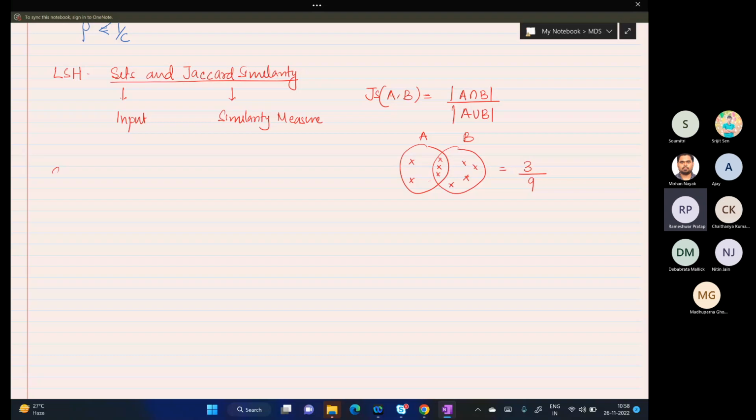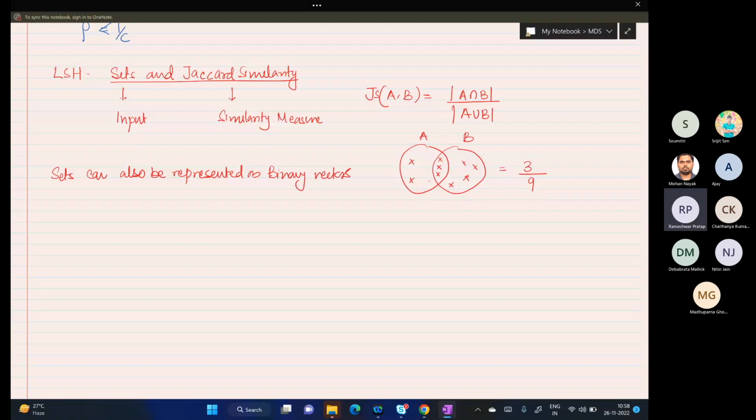Sets can also be represented as binary vectors. Just for the sake of convenience, we'll view sets as binary vectors, and then we'll see an LSH for sets and Jaccard similarity.